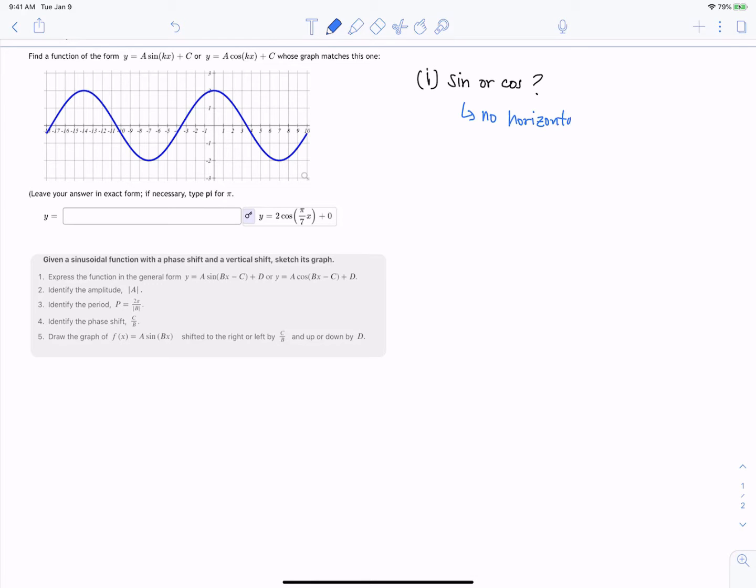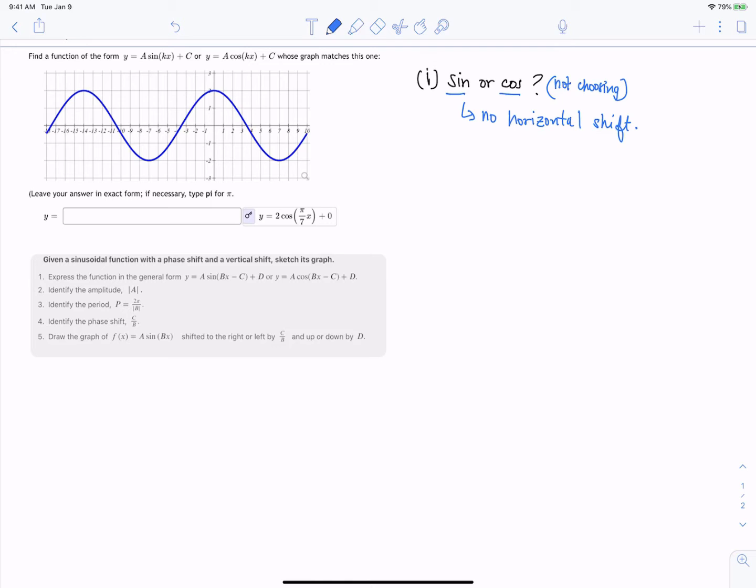You're not allowed. So you can't manipulate this graph to be sine or cosine. In this case, we have to look at the graph and identify if it is a sine or cosine. We are not choosing, you're identifying.